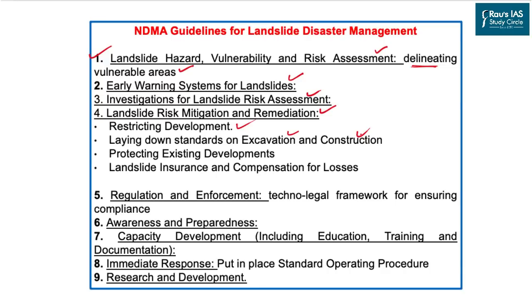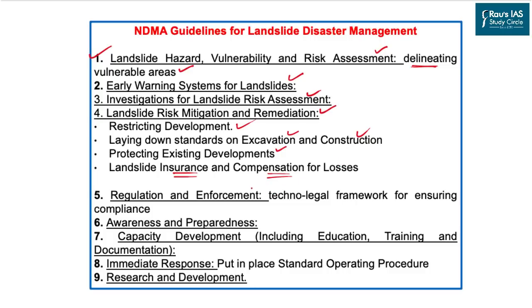So we can go for the development in the hilly areas but with a caution. We need to protect the existing development from the impact of landslides, and lastly we should have landslide insurance and compensation to the people who have lost their lives or property.